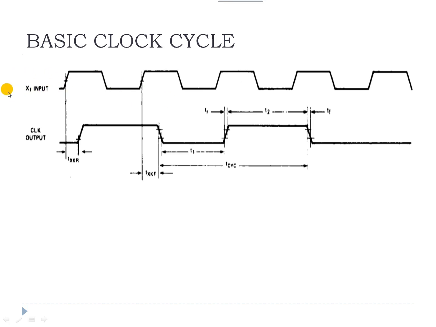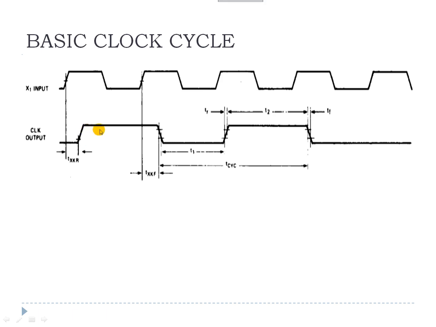Here this is the input given to the LC oscillator or crystal oscillator. After some delay, which is inherently introduced by the microprocessor, the clock signal will be generated. The clock signal has a 0 to 1 transition, the rising edge transition.